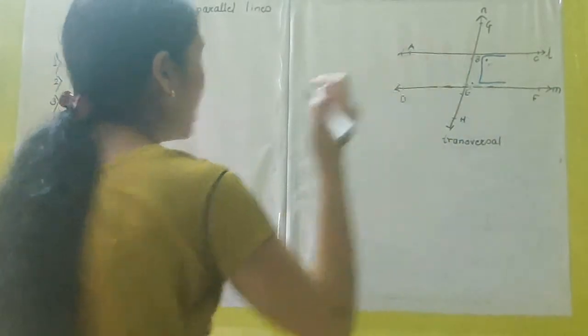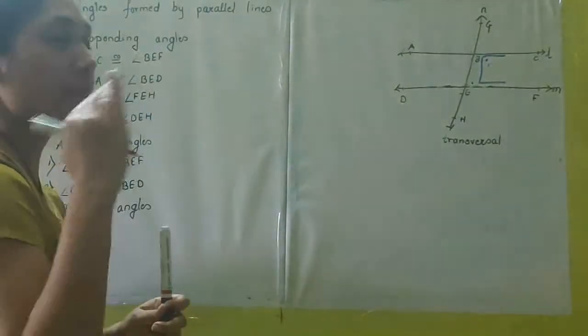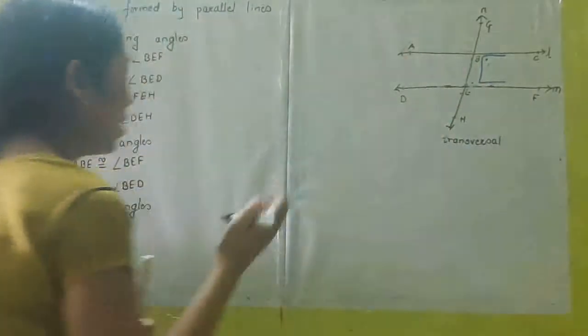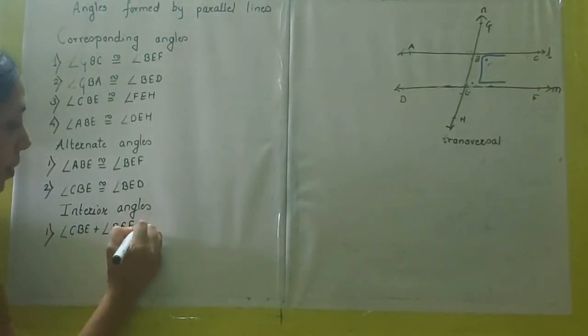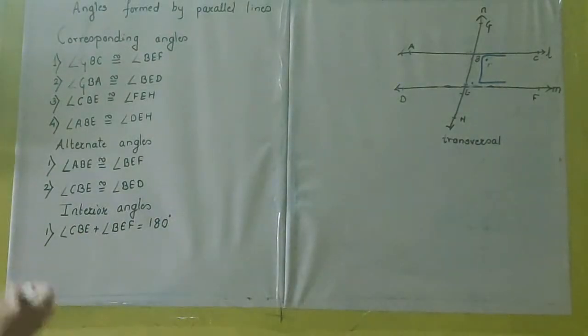First pair: angle CBE plus angle BEF. I told you they're supplementary, so we have to write plus. Supplementary means their sum is 180 degrees.